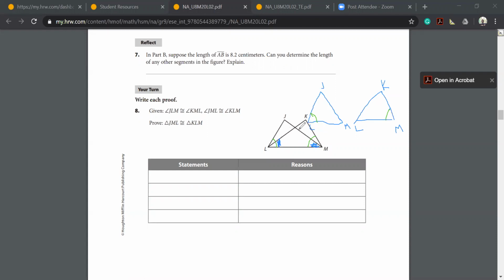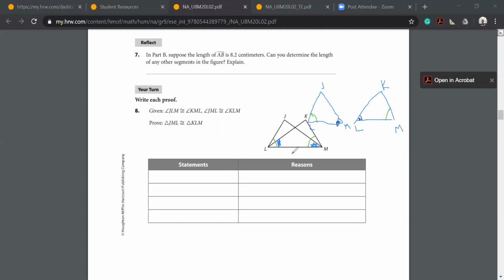So he is telling you that this angle is equal to this angle. Okay, and what else? LM, girls, is the same in both triangles. LM is shared between both triangles, right?